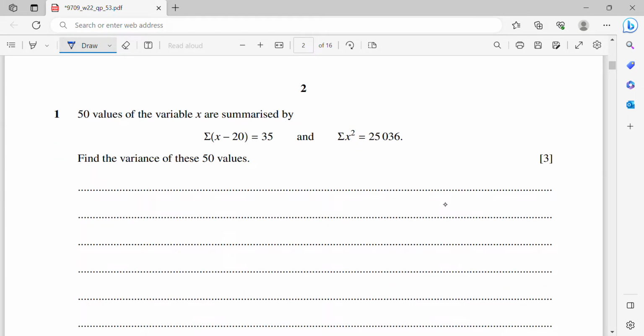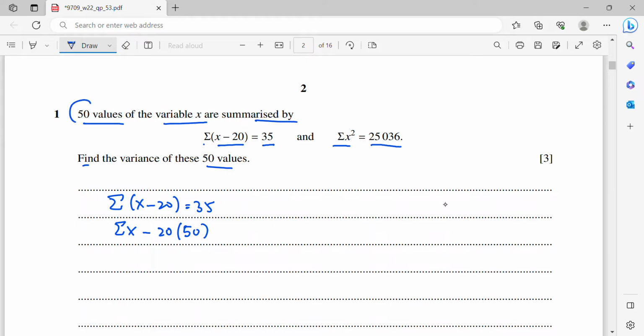Now, 50 values of the variable x are summarized by summation x minus 20 equals 35, and summation x squared is 25036. Now find the variance of these 50 values. From summation x minus 20 is 35, we know that this is the summation of x minus 20 over 50 values, because there are 50 values.